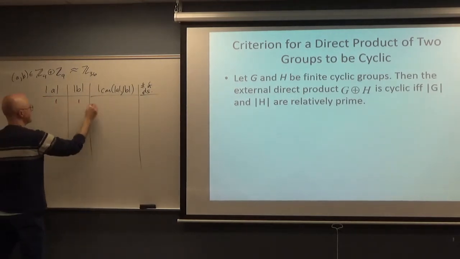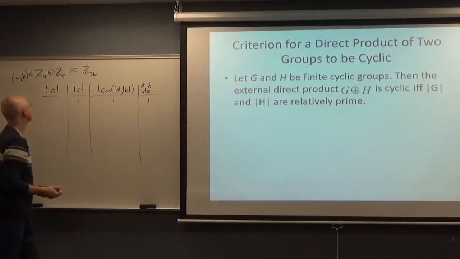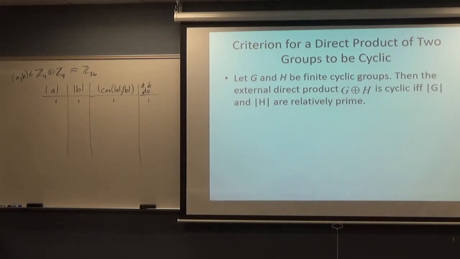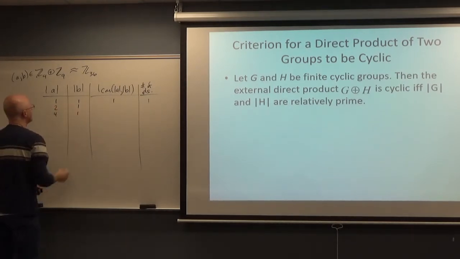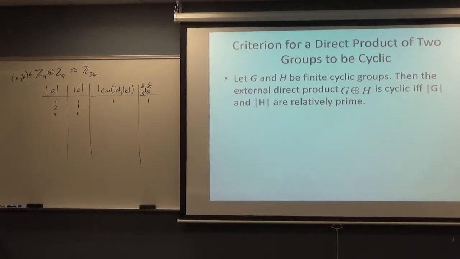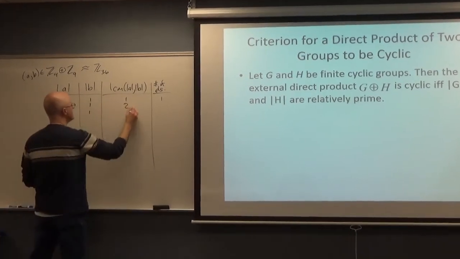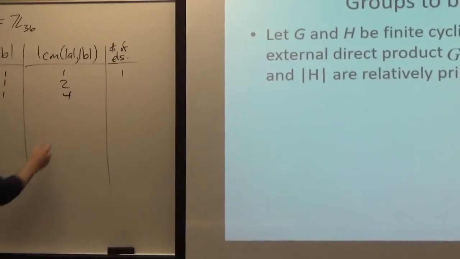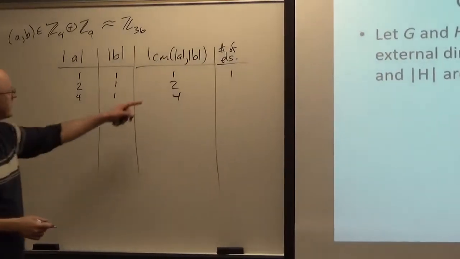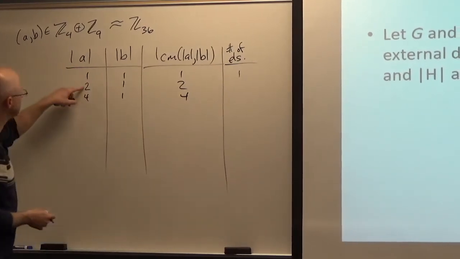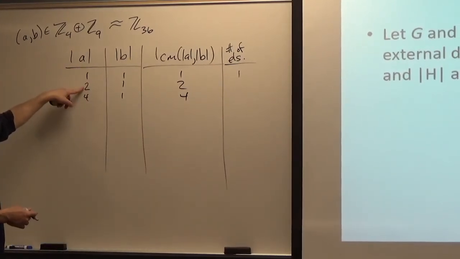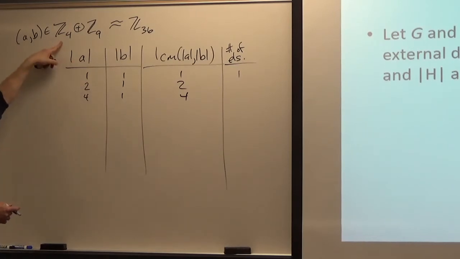Of course, you always have the identity. There's only one possible identity. In this case, both A and B are going to be 0. A could have order 2 or 4, so I could do this kind of thing. The least common multiple of 2 and 1 is 2. The least common multiple of 4 and 1 is 4. How many elements of order 2 and how many elements of order 4? There's only one element of order 2 in Z4, right? Think carefully here.